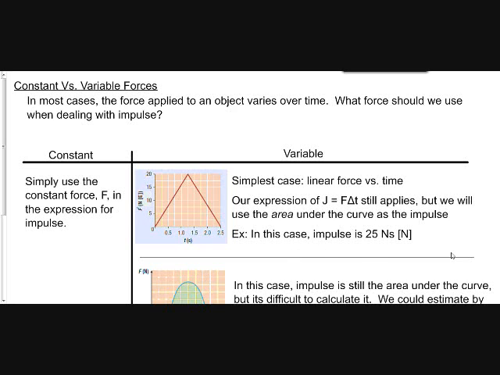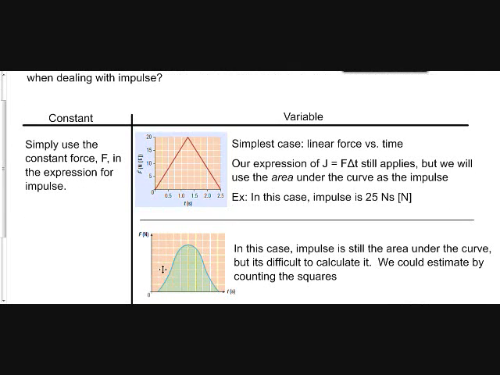If we look at one that's maybe a little more realistic, because again, straight lines are kind of difficult to get in the real world, we often get things that increase and then decrease at some nice smooth rates. And so again, it's still the area under the curve, but the problem is it's difficult to calculate.